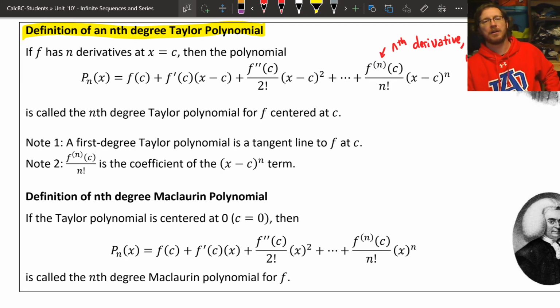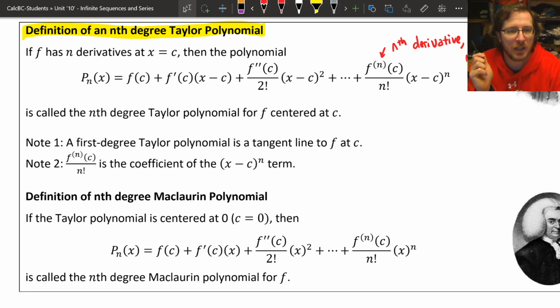All right, that is called the nth degree Taylor polynomial for f centered at c. Note, a first degree Taylor polynomial is a tangent line to f at c. That's what we just had back in example number 1. Also note, the nth derivative of f at c over n factorial is the coefficient of the x minus c to the n term.